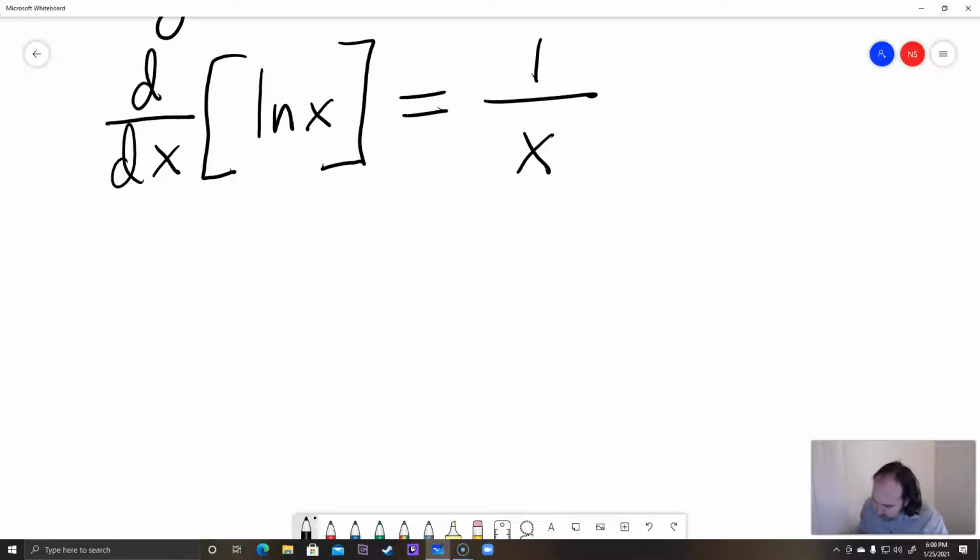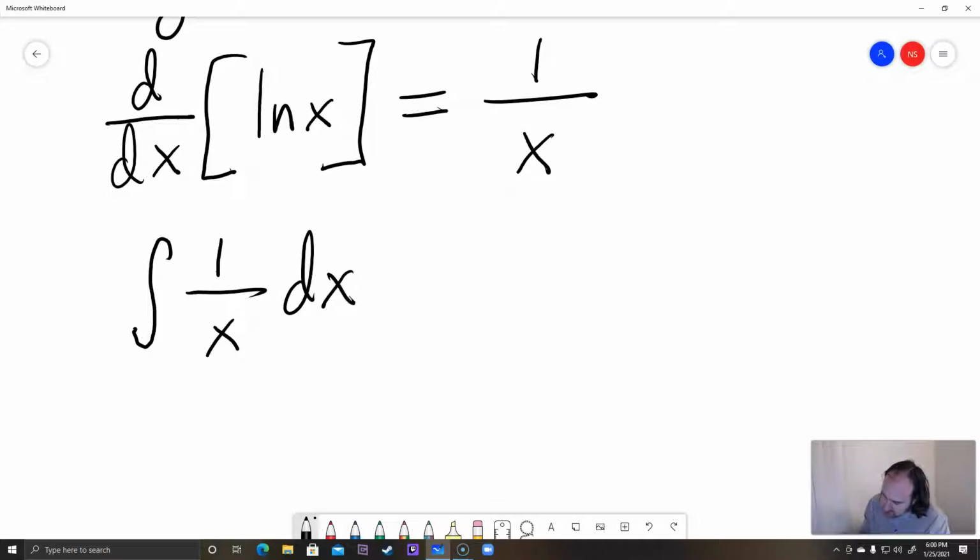Okay? So this is what we already know, but because derivatives and integrals are basically the same thing in reverse, the integral of 1 over x dx is going the other direction. You start on the right side and move to the left side, and that gives you ln of x.